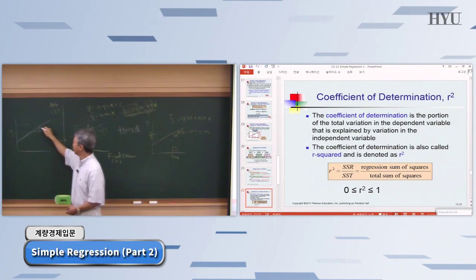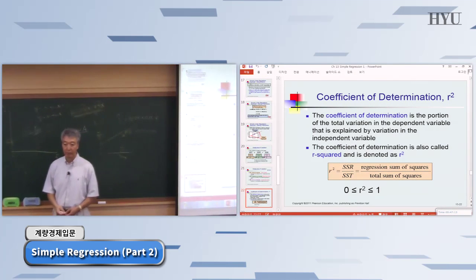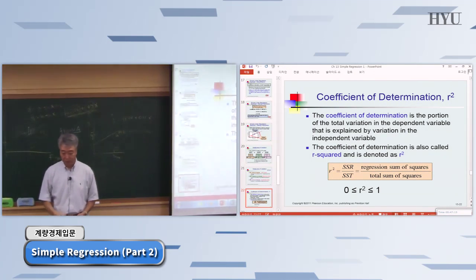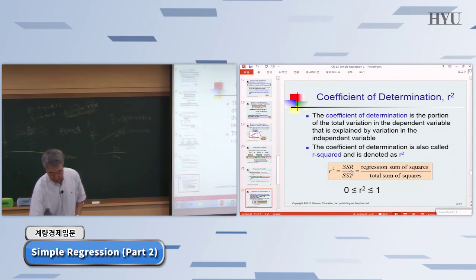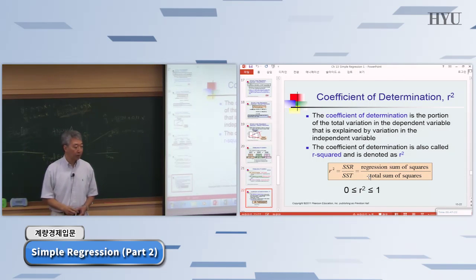Unexplained deviation will be what? Very small. So if you look at this ratio, SSR divided by SST, SSR will be almost as large as SST, like 0.8, 0.9.